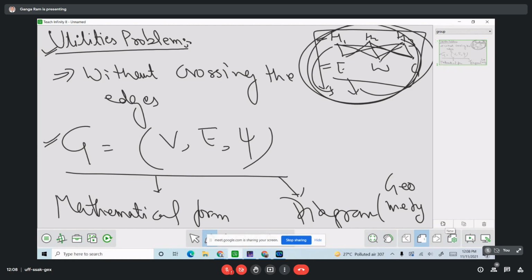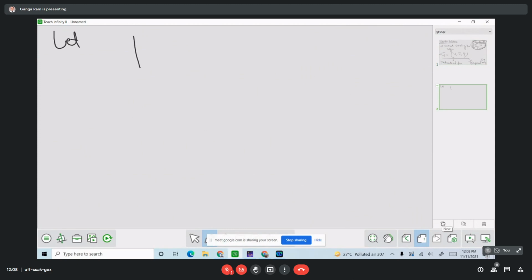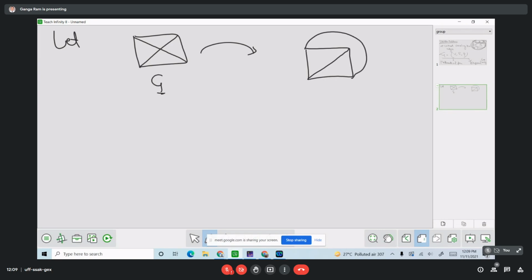Okay, take another graph. Basically it is also a graph G, and it is one geometric representation of a graph, and this graph can be represented in this way. Okay, so this is another geometrical representation of a graph.